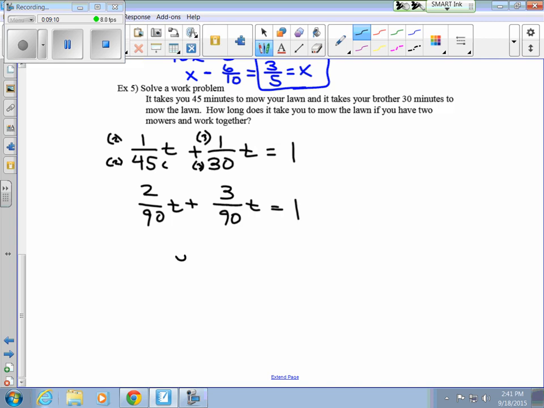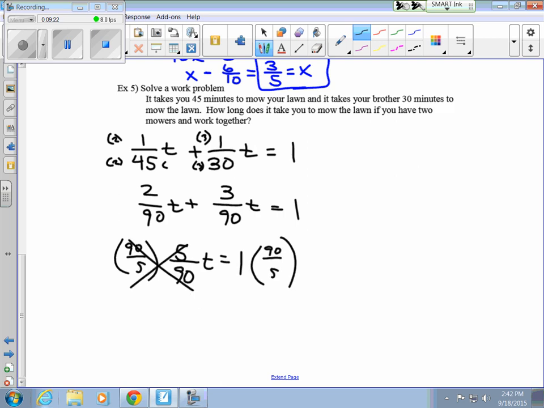So this is really going to be 5/90 t equals 1. Multiply by the reciprocal on both sides. Again, these cancel out, and we're left with t equals 90 over 5. And if we simplify that, it is 18.